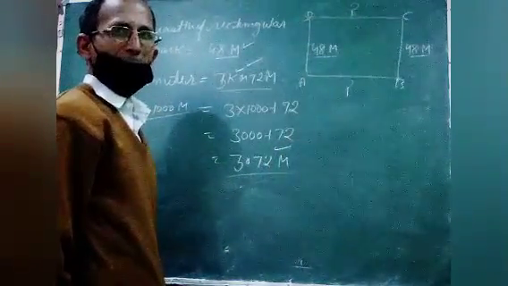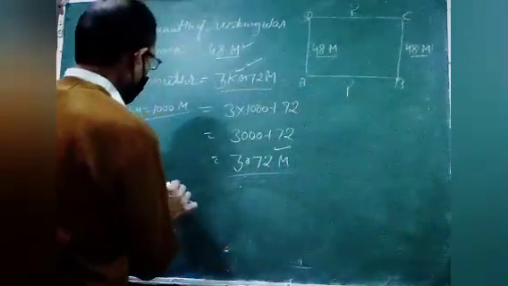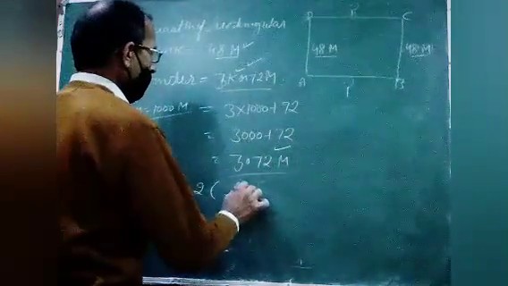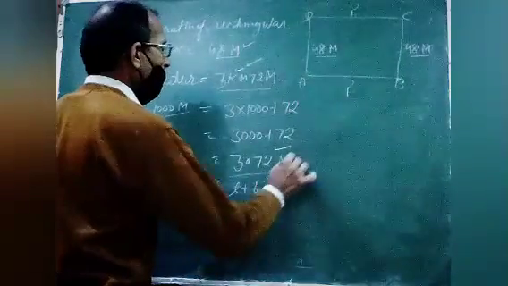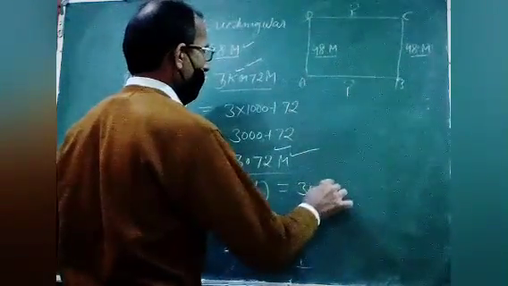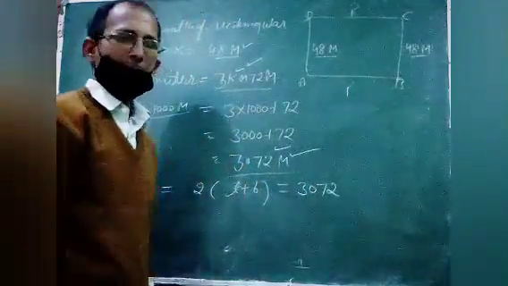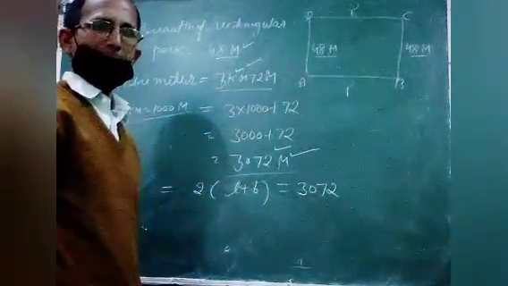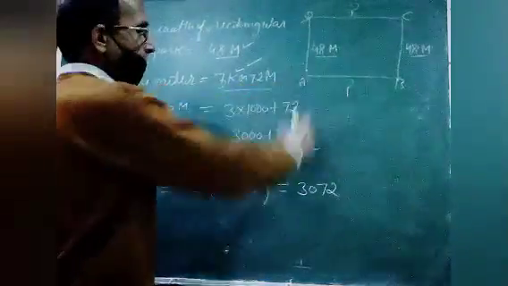Now what is the formula? The formula for finding the perimeter, I told you, is 2 bracket length plus breadth. Now the perimeter is already given. Now students, see this question, otherwise you will get confused and again ask sir this is not clear. So now try to understand.